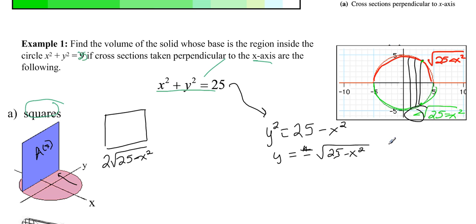And minus a negative makes it plus, so I get the square root of 25 minus x squared plus the square root of 25 minus x squared, giving us 2 of those. That would be the distance of our square. Likewise, the height of the square is the same.